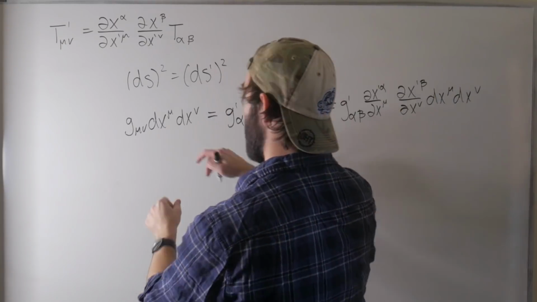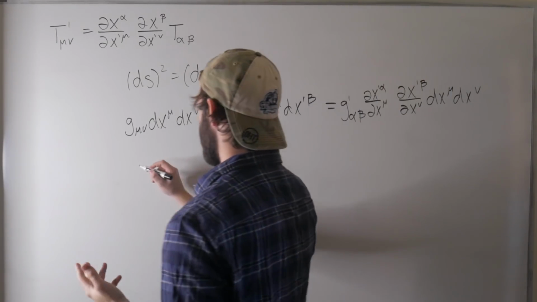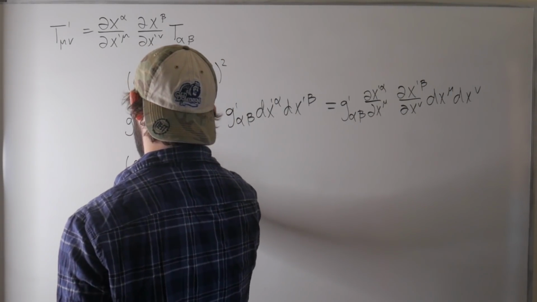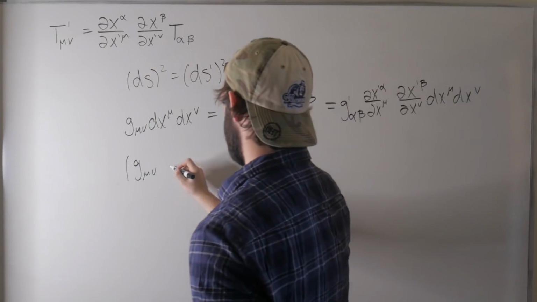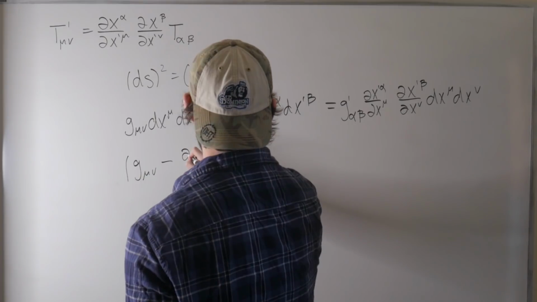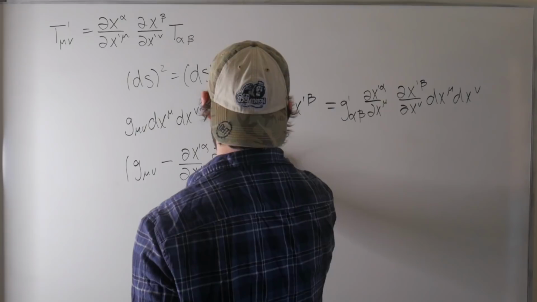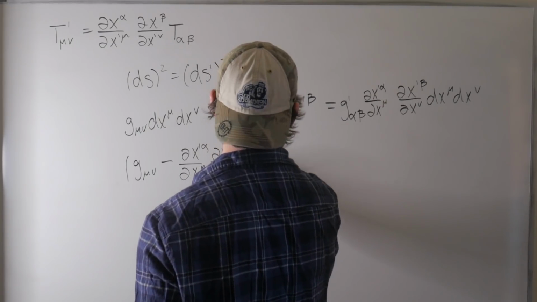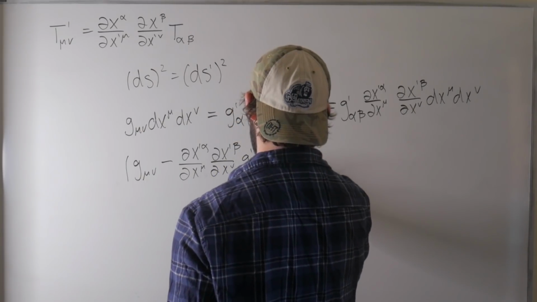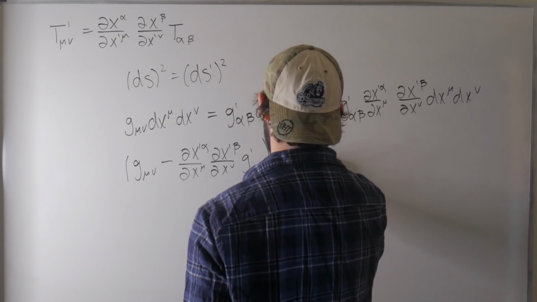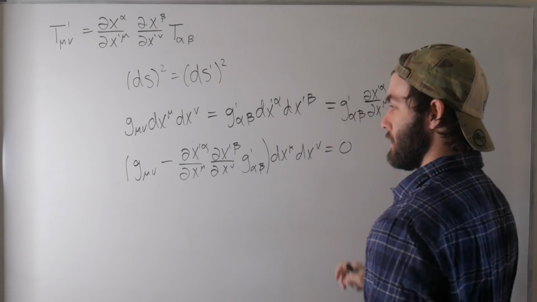Okay? And then now that we both have these common factors of dx mu dx nu, I can factor them out. So what I'm really going to have is g mu nu minus some dx prime alpha dx mu dx prime beta dx nu g prime alpha beta times dx mu dx nu should be equal to 0.